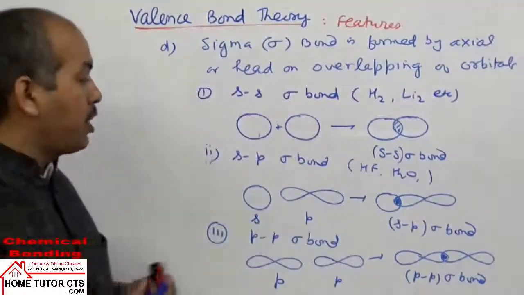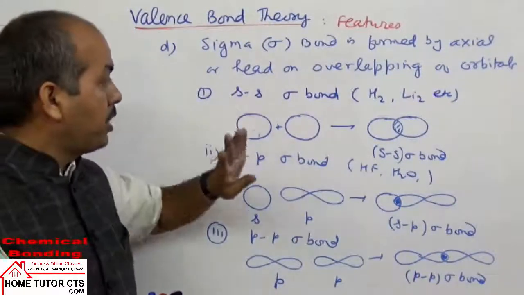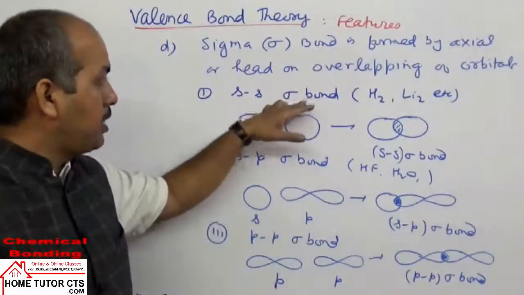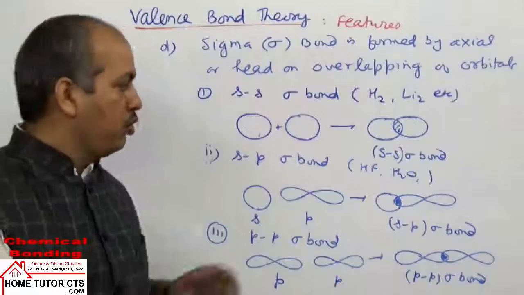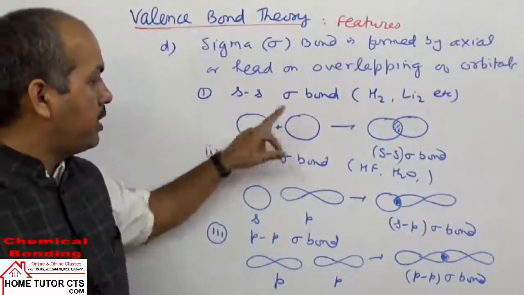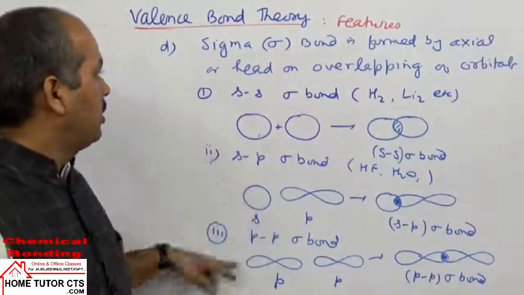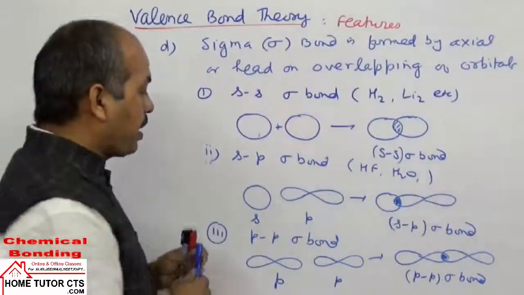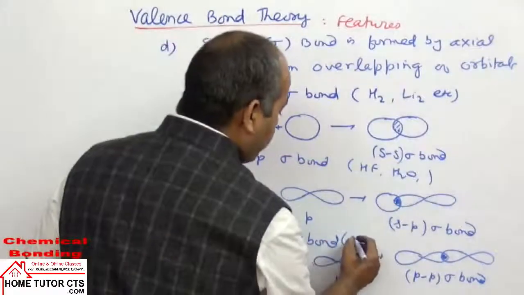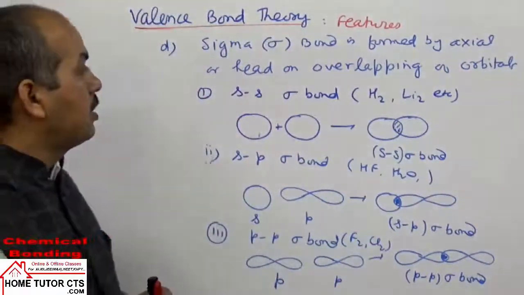So when orbitals overlap to form sigma bonds, we find three common categories: S sigma bond, SP sigma bond, and PP sigma bond. Overlapping of orbitals SS, S and P, or P and P gives rise to this common category of sigma bond formation. The PP sigma bond forms in halogens like F2 and Cl2. They commonly show this PP sigma bond.